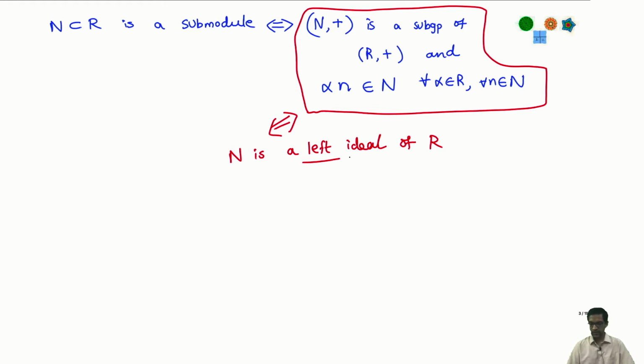So in other words, submodules of the ring R under this left multiplication action are the same as left ideals of R. I leave this as an exercise for you.